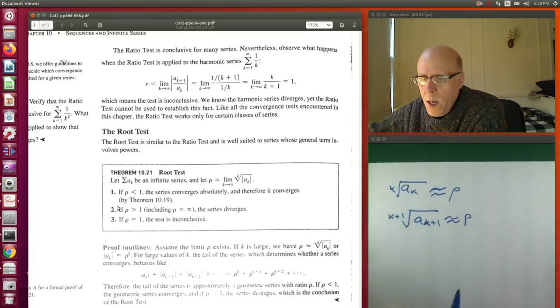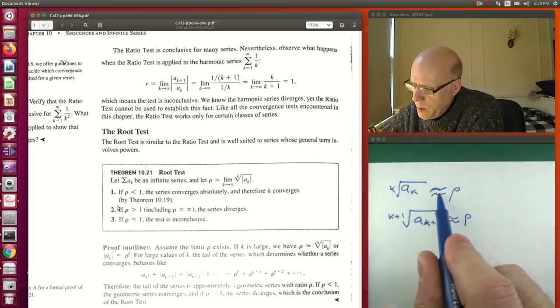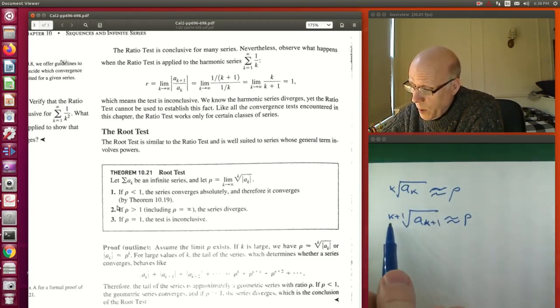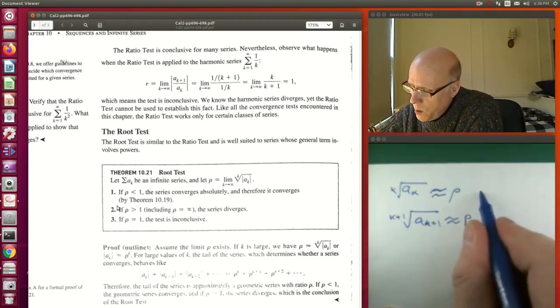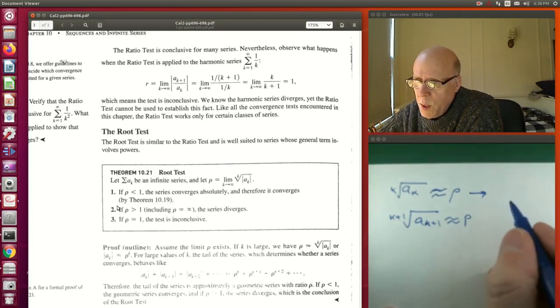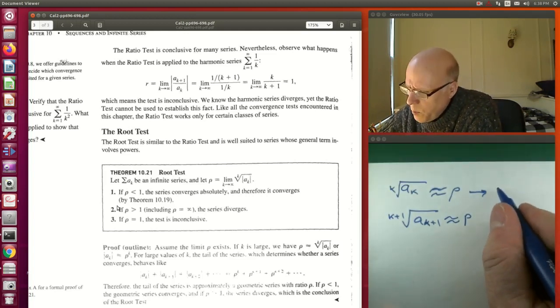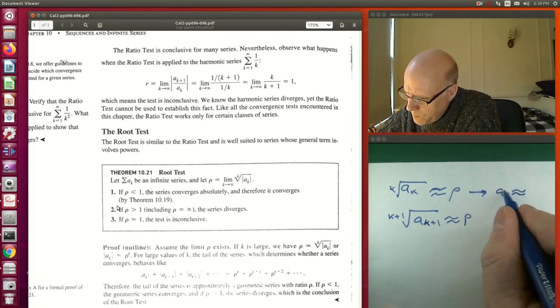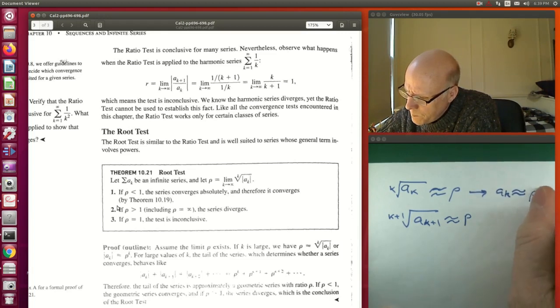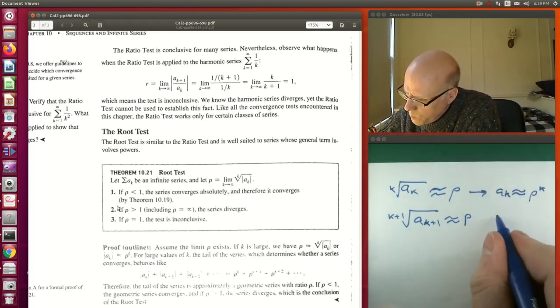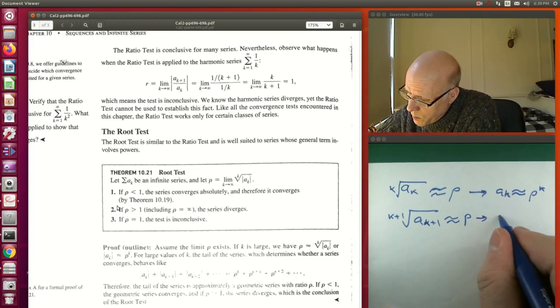So what happens if you raise both sides of these to the appropriate powers to kill off the radicals? This one leads you to a sub k being approximately rho to the kth power. And for this one, we'd raise it to the (k+1)st power on each side. We get a sub k+1 approximated by rho to the k+1.